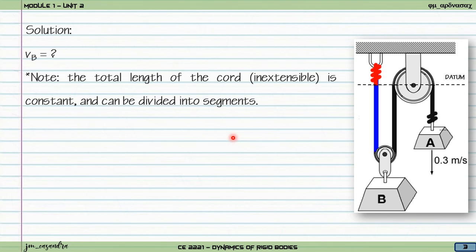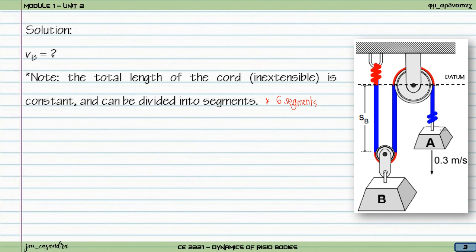the second segment, the third, fourth, fifth, and sixth segments. So for this figure, we have 6 segments, which are composed of constant and varying lengths.